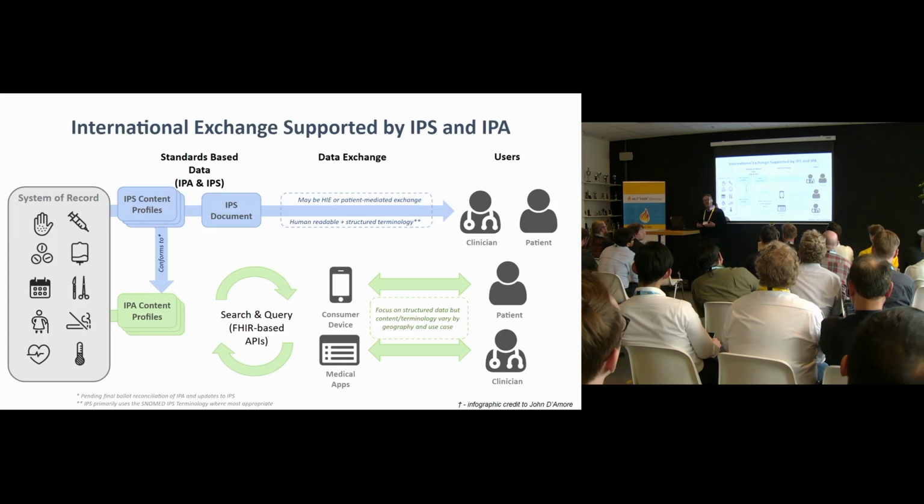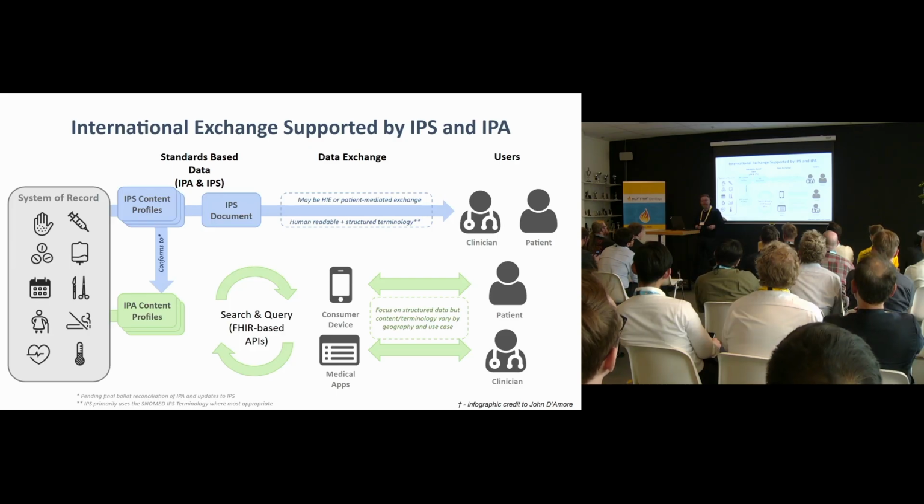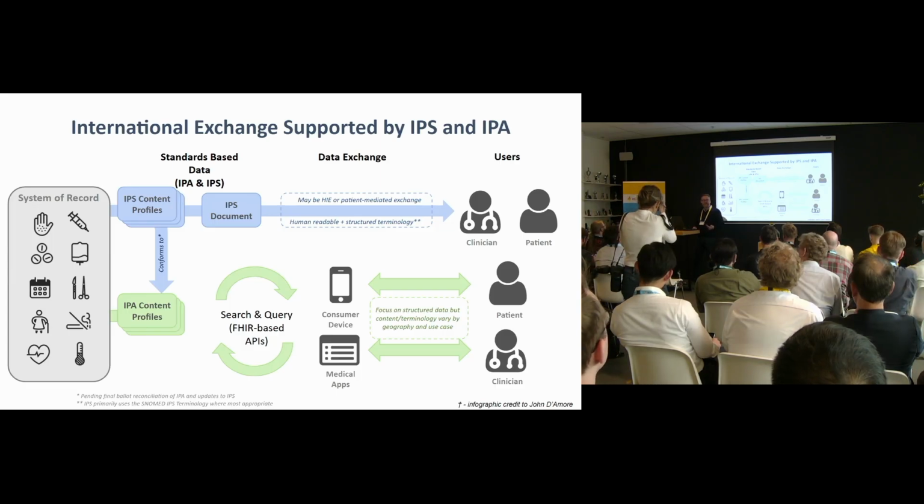The specifications differ in that IPS provides a summary document, and both of those words are really important. It's a summary, not a comprehensive set of the patient's data, and it's a FHIR document, which is a particular way to format and exchange clinical data.